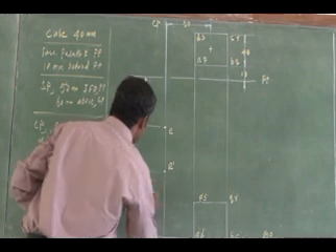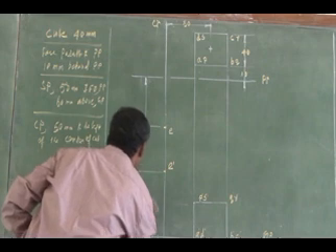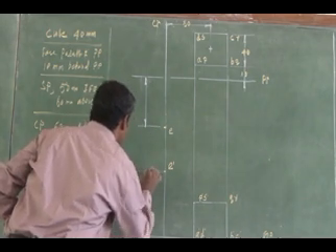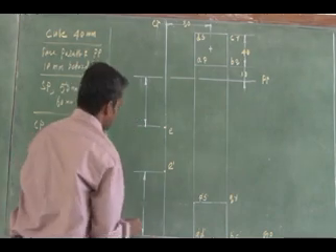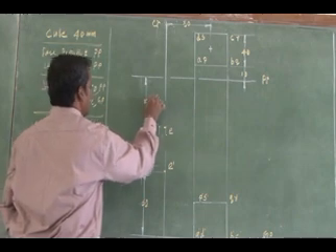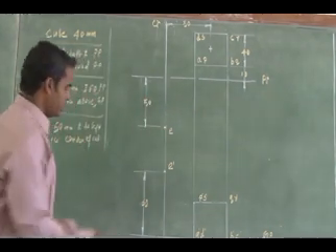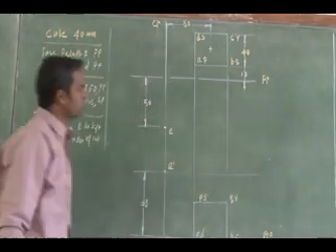So this distance is... So this is how I can show my layout, depending upon my problem.